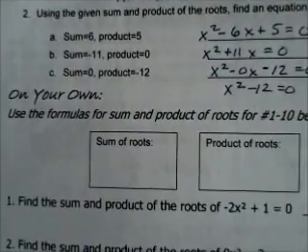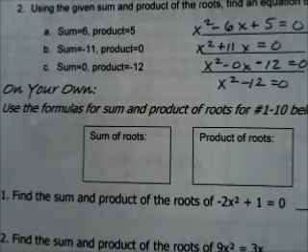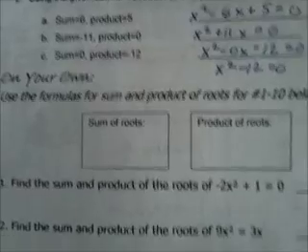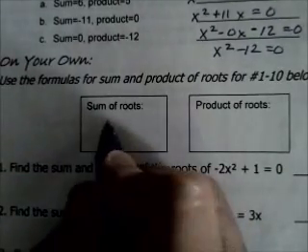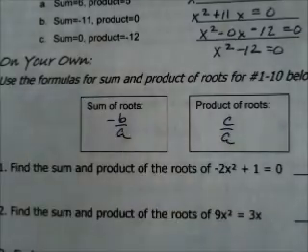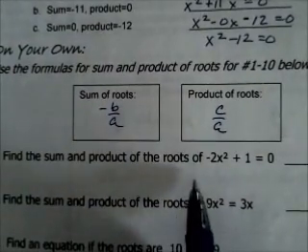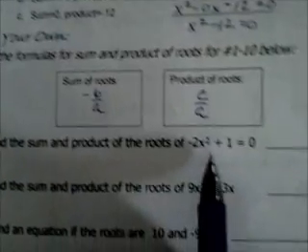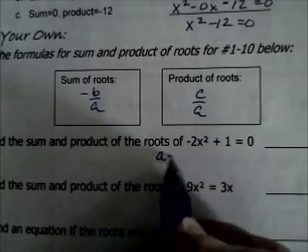Okay, if you would, try some of these on your own, otherwise work them through with me. We're using the formulas for sum and product of the roots. Remember, sum is negative B over A, and product is C over A. Find the sum and the product of the roots of this equation. Well, our A value is negative 2.